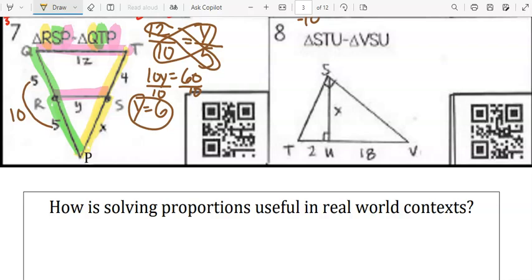Now let's figure out what x is. We'll have 12 over x plus 4 is going to equal 6 over x. And this 6 came from the y value.